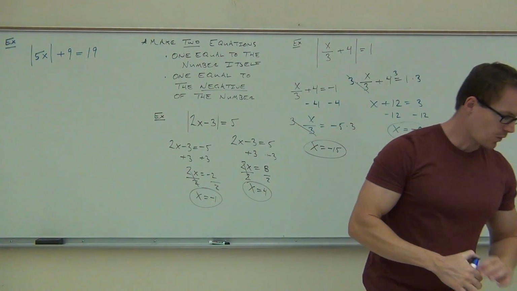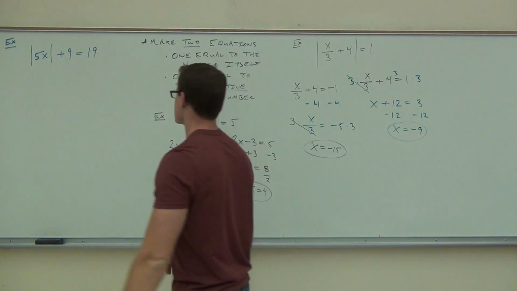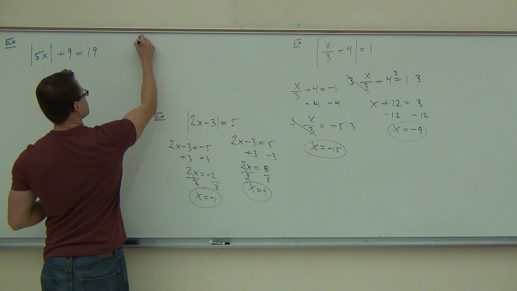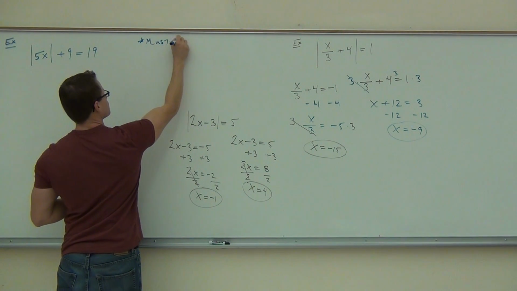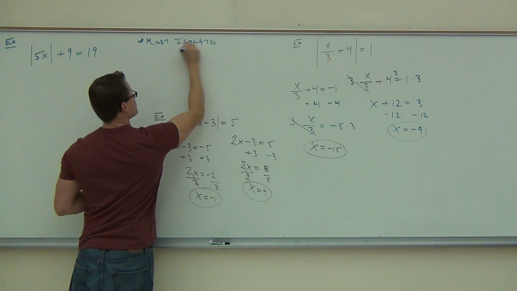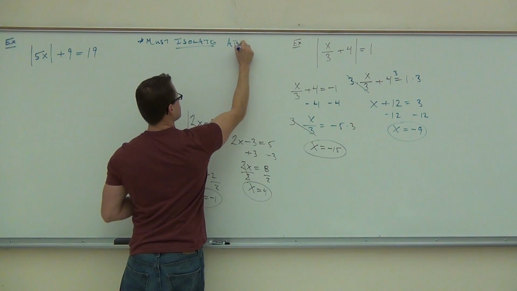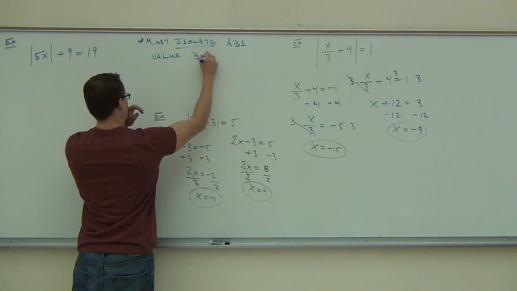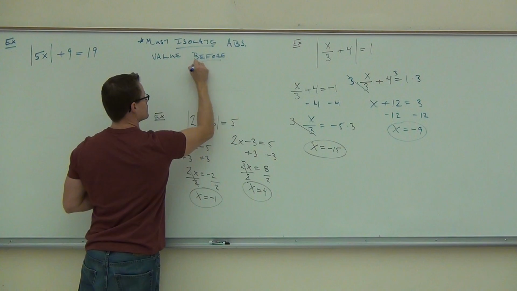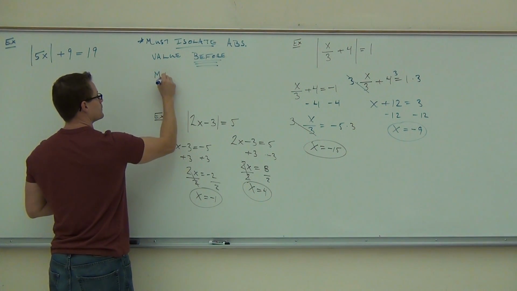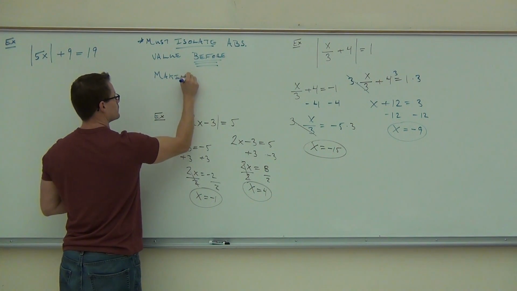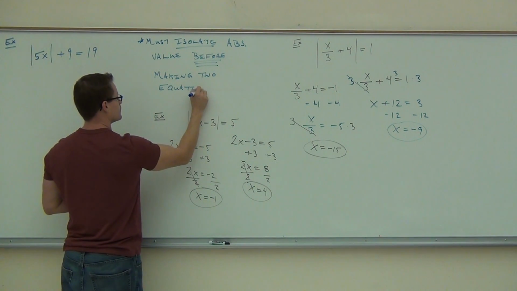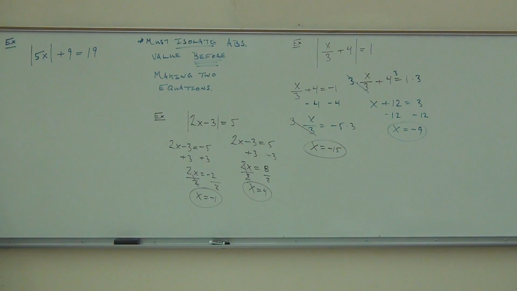You need to isolate the absolute value, get it by itself, before you make two equations.